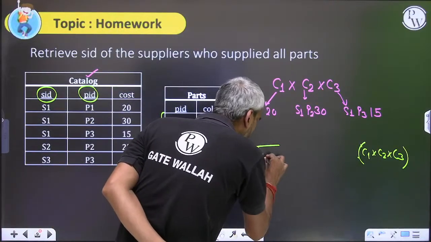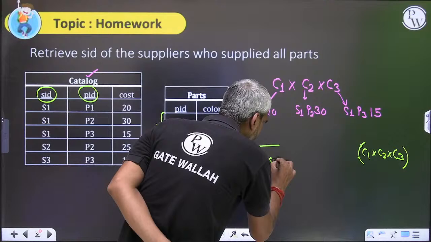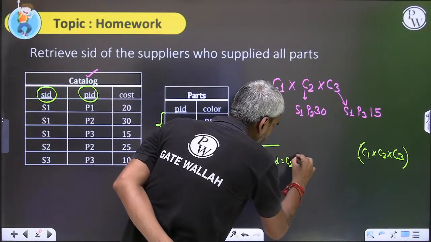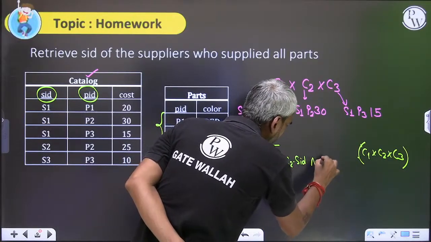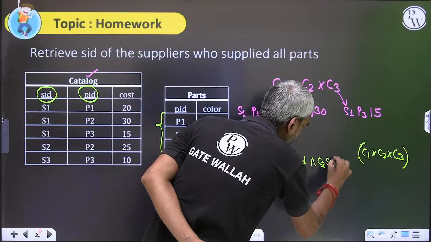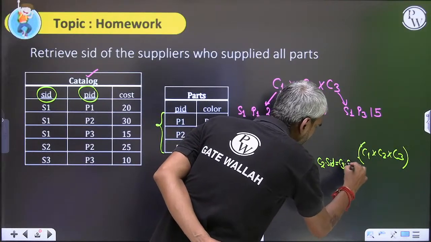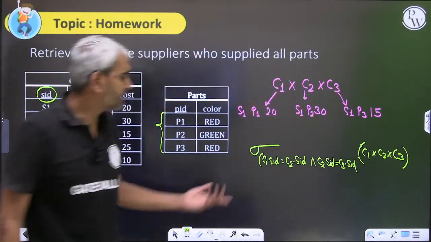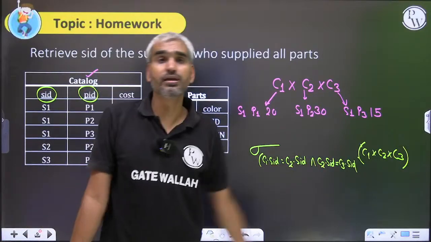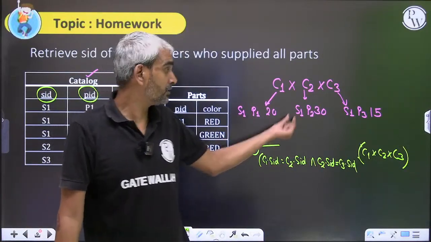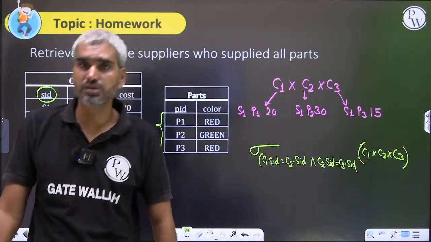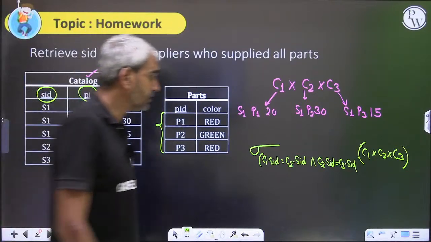If there is any tuple in which C1 dot SID is equal to C2 dot SID and C2 dot SID is equal to C3 dot SID, that's the first thing. Sir, you don't need to check whether C1 is equal to C3, because if C1 is equal to C2 and C2 is equal to C3, then C1 will be equal to C3.